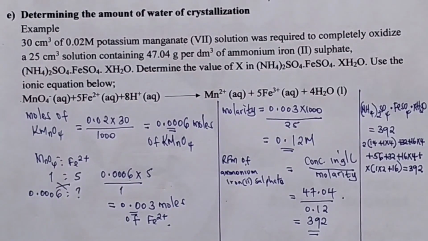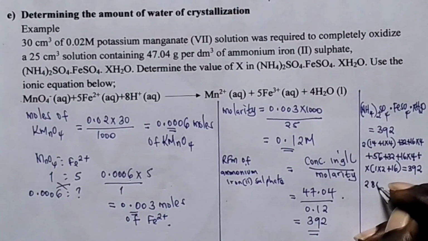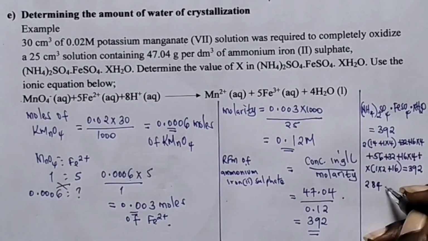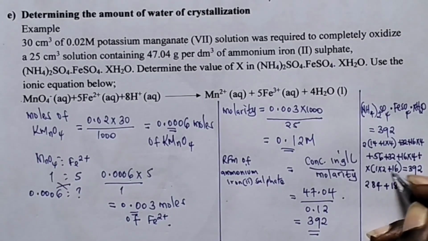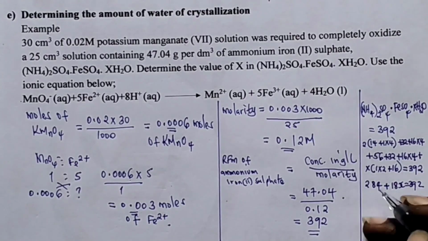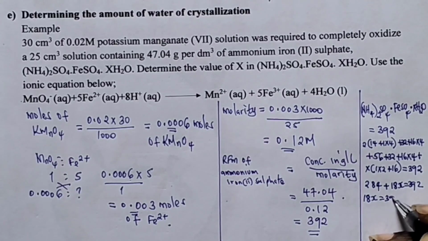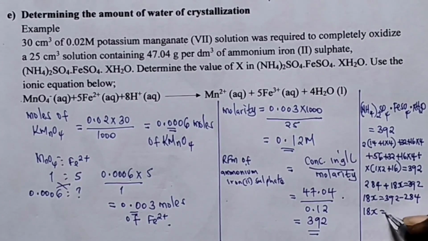So by putting all these values in the calculator, we get 284 plus 18x equal to 392. We have to collect the like terms: 18x will be equal to 392 minus 284. That means 18x will be equal to 108.